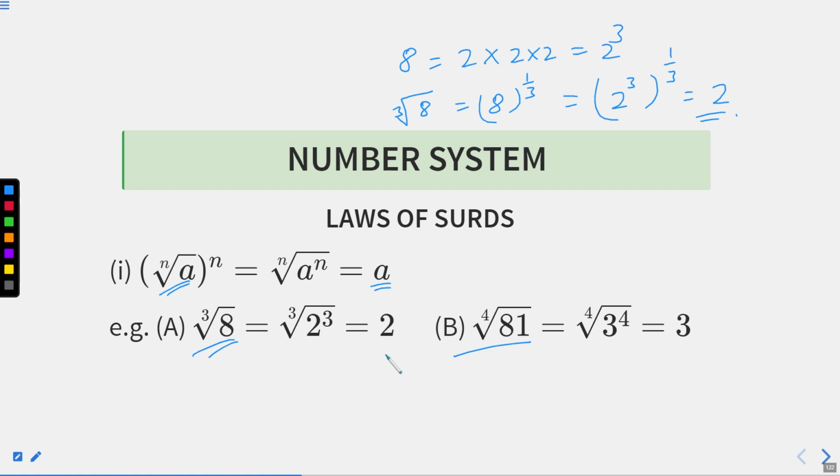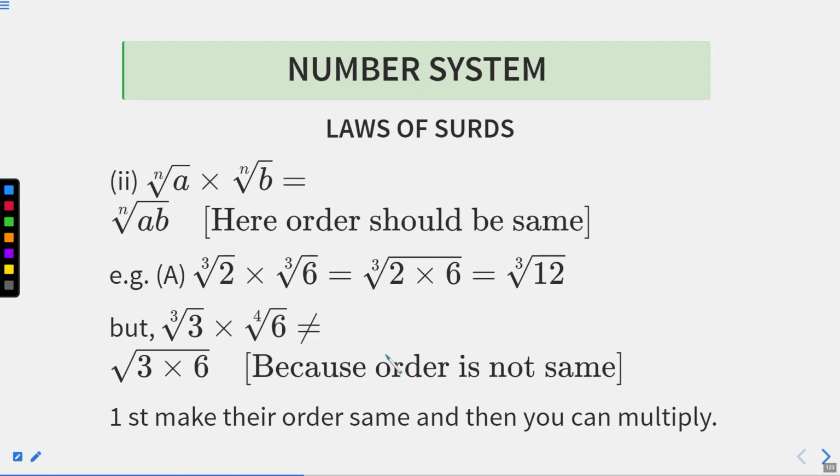Let's jump to the next law. The next law says if the nth root of a is multiplied with the nth root of b, then we can say that it equals the nth root of a times b. The main important point is that the nth root is the same.